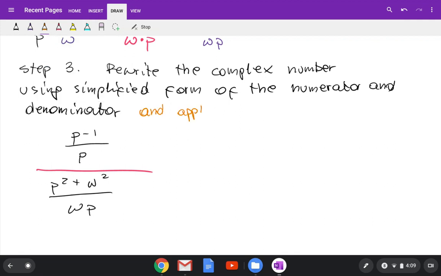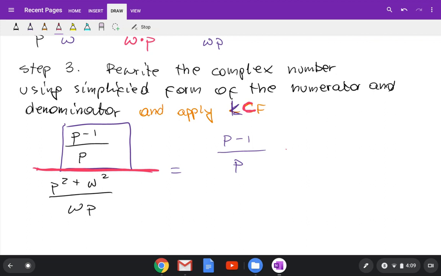And apply keep, change, flip. This is our shortcut. Keep the numerator, so p minus 1 over p. Change means change this division to multiplication.